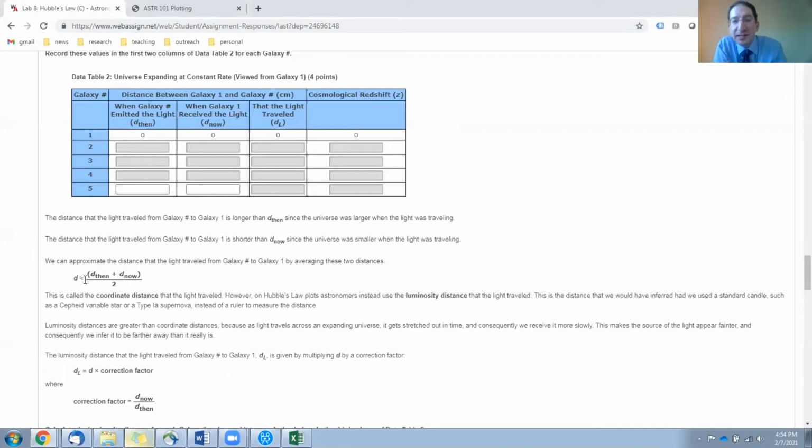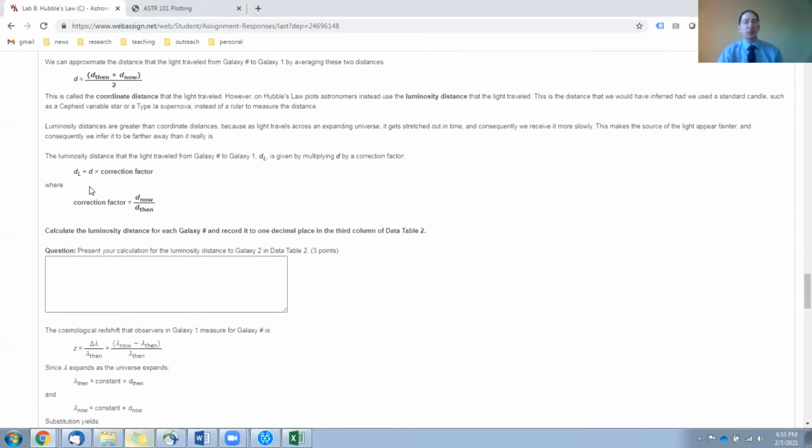And luminosity distance is what we want to plot because that's what the astronomers plot. Now you can calculate luminosity distances from your coordinate distance and your D now and D then pretty simply. Luminosity distance is just the coordinate distance times this correction factor. And the correction factor is just D now over D then.